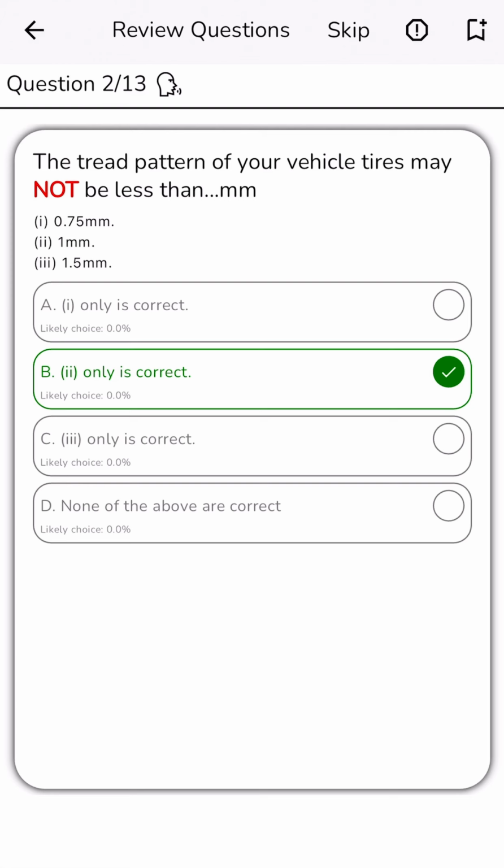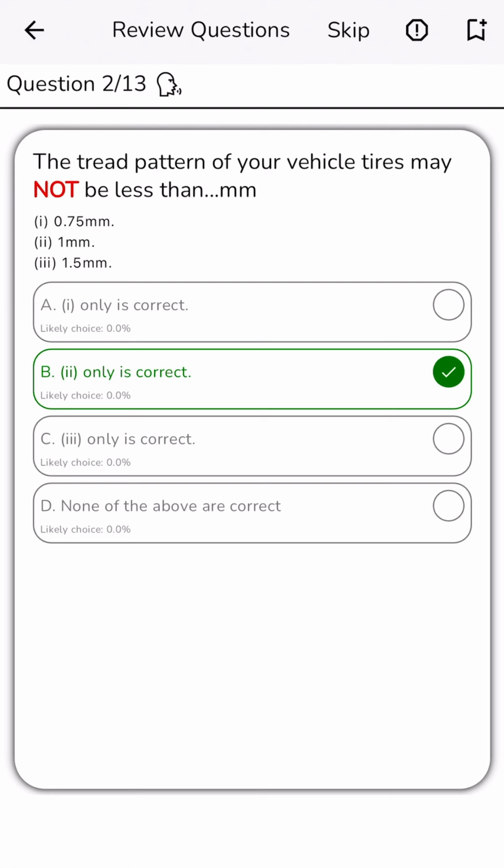Looking there, we've got 0.75. We also have 1.5. So that means our answer has to be the second one. That is why we choose the option which says that second one only. It is the one which is correct.